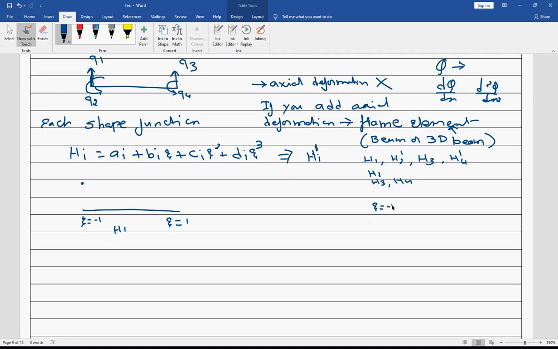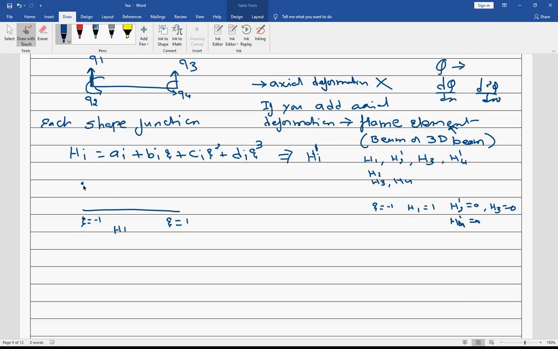So at xi equal to minus 1, h1 is 1 and h2 dash will be 0, h3 will be 0, and h4 dash will also be 0. So all other shape functions will be 0 at other locations.